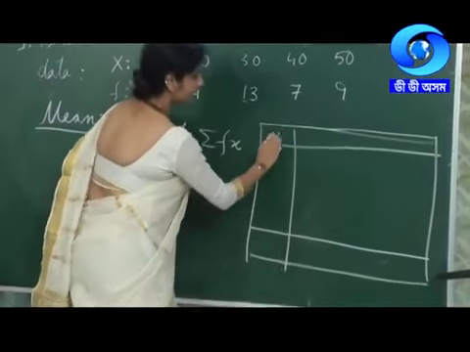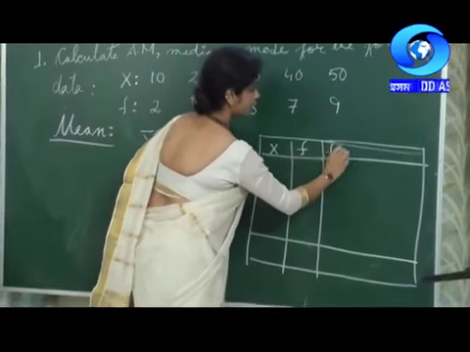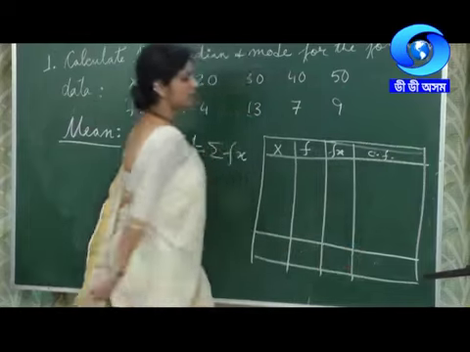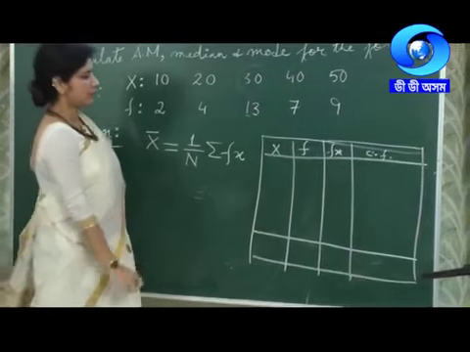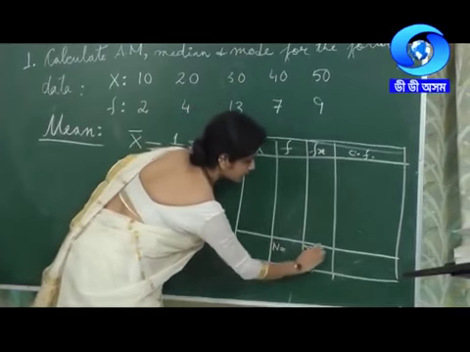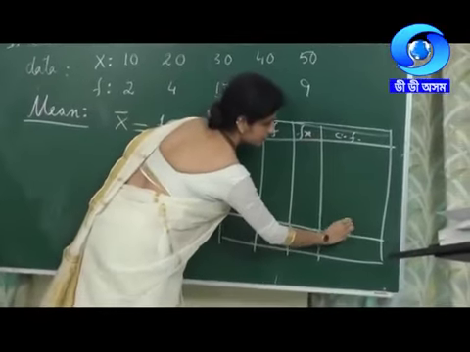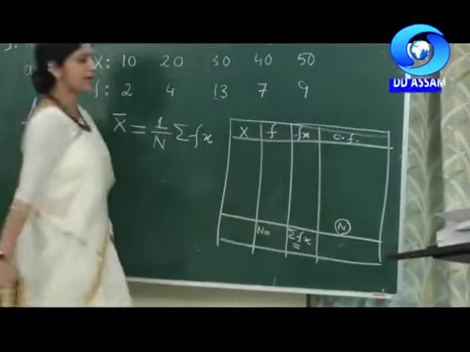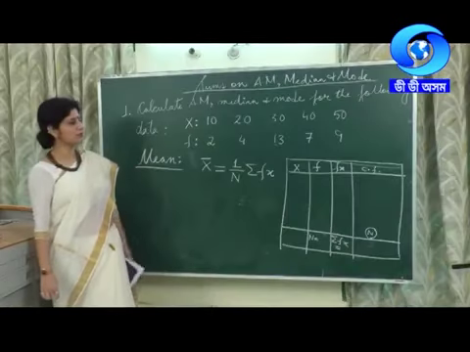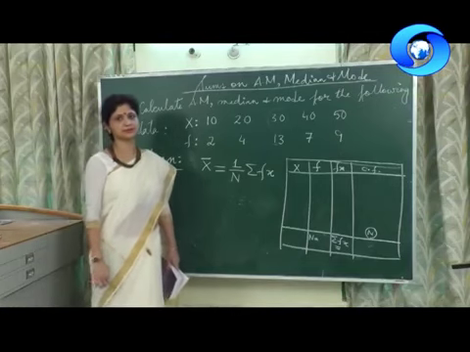First column is for x, the second column is for f, the third column will be fx, and then we will also find the cumulative frequencies. You will find n here, you will find summation fx over here, and the cumulative frequencies will end equal to n. Please try to complete this table at home so that we can discuss it in the next class.